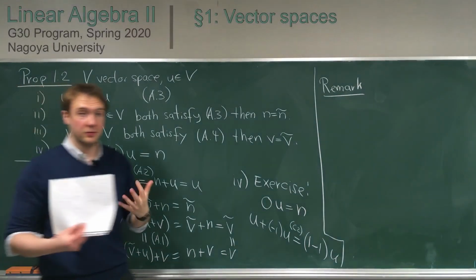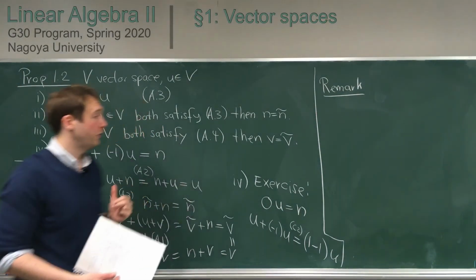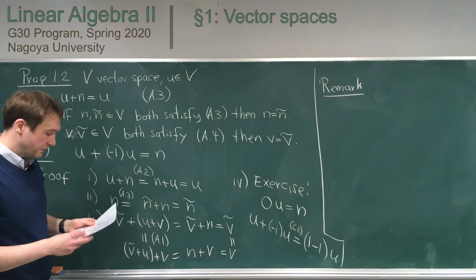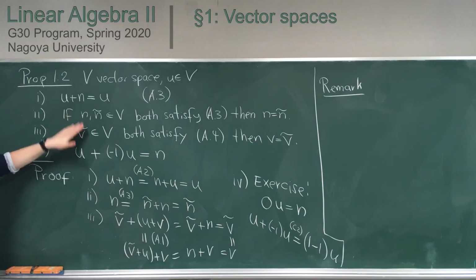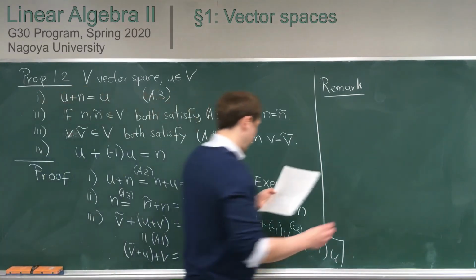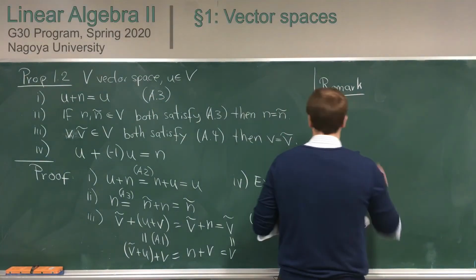So every time I ask you to give me a vector space, you need to give me three things: a set, addition, and scalar multiplication. And then due to this proposition here, this identity element n is unique, and therefore we will give it a name.